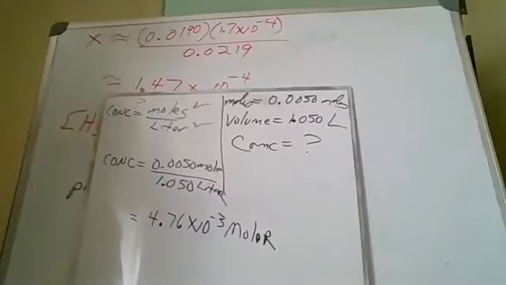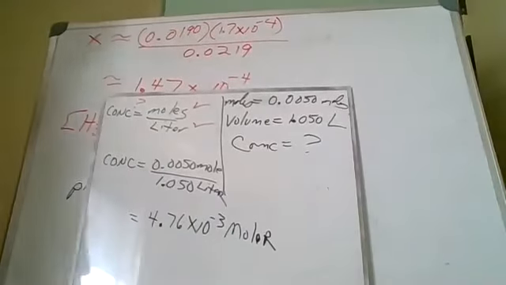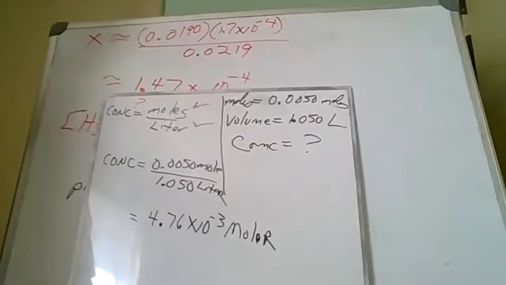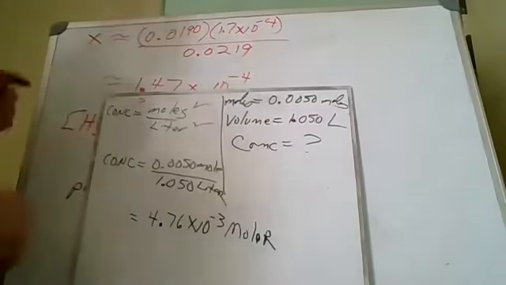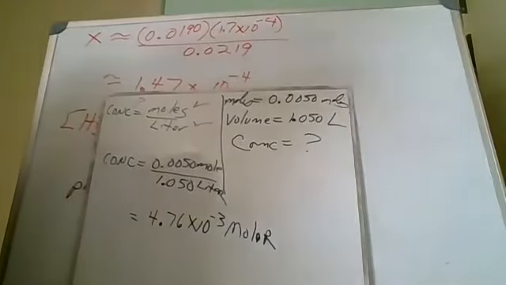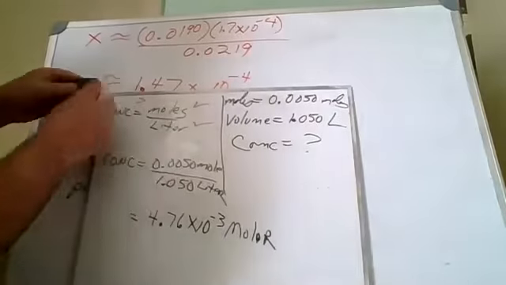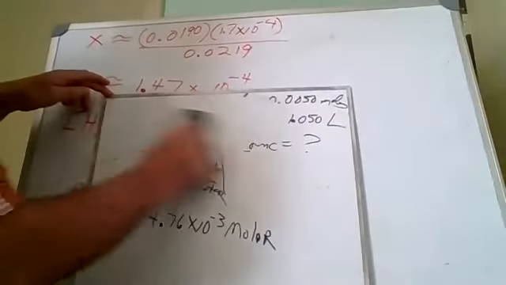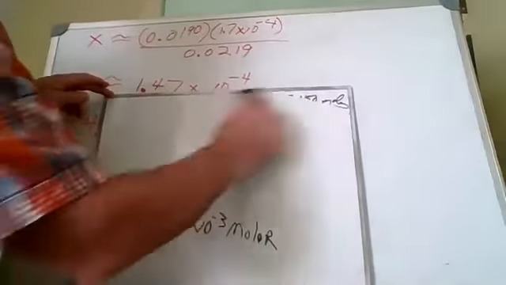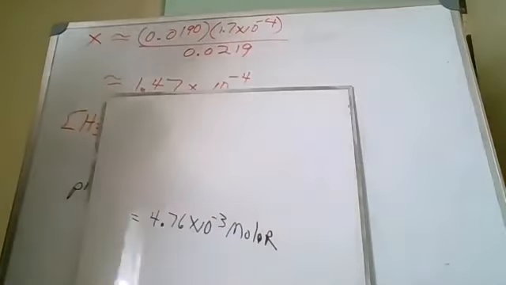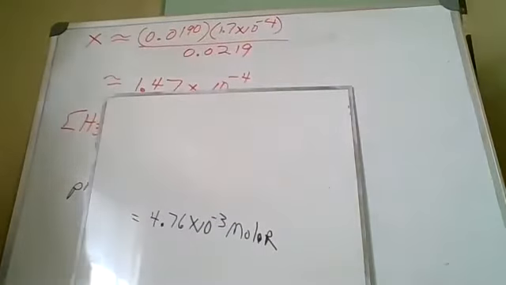Now, we want to find the pH. Well, I know the concentration of hydroxide. I can calculate the pOH very easily, right? I'm going to go back to this board here for that. Actually, I'm just going to do it on top of here. I don't think we need any of this. All we need is the concentration down there on the bottom. So again, this is the hydroxide ion concentration.